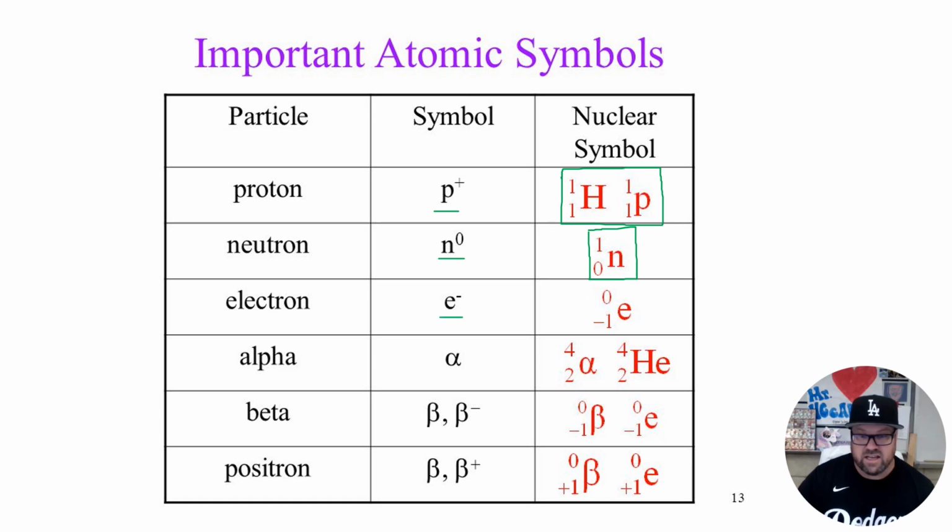An electron, okay, so E negative is the simple symbol, but in nuclear chem, you write an electron as zero mass and -1 for its effect on the atomic number, and then lowercase e.